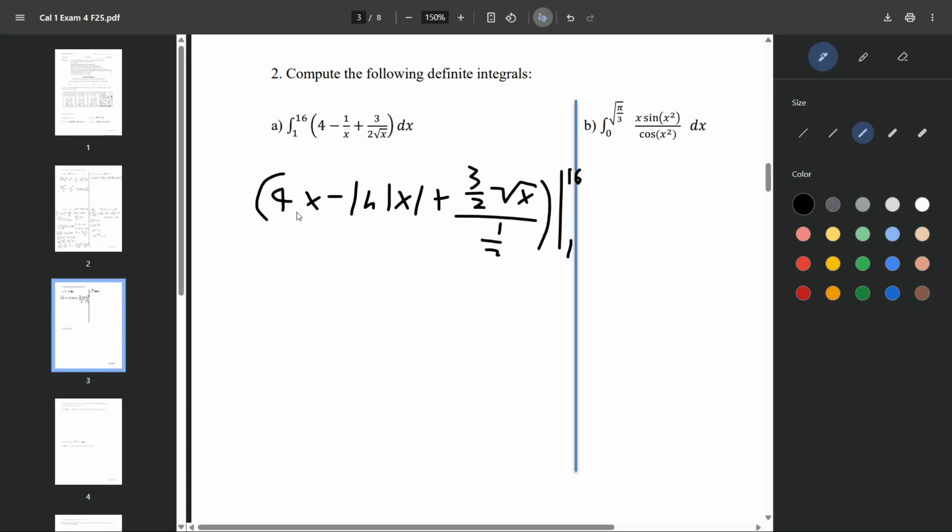And we will simplify this a little bit by having the 1 over 2 be multiplied by 2.